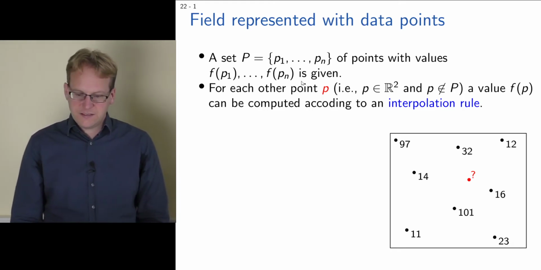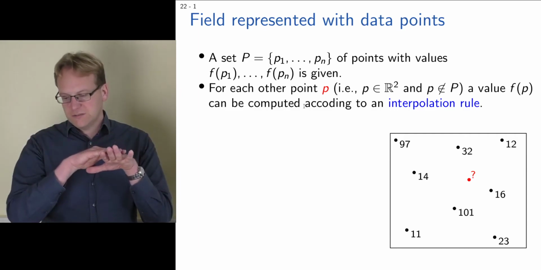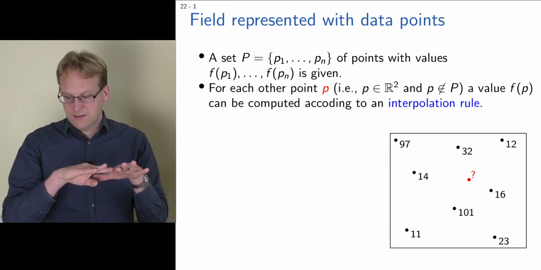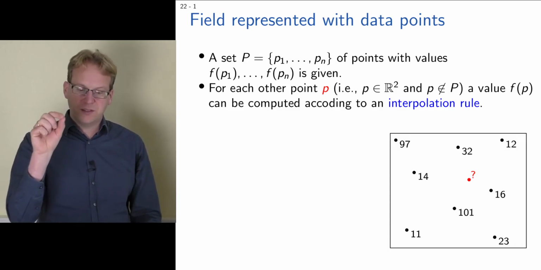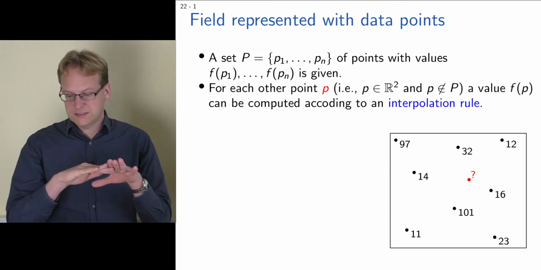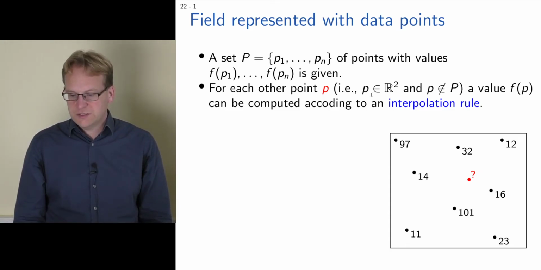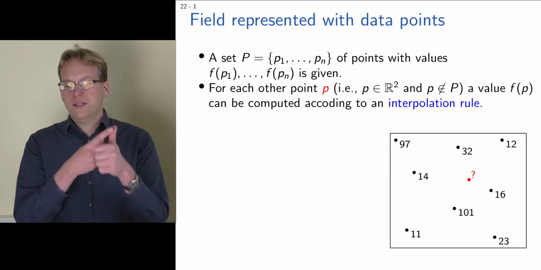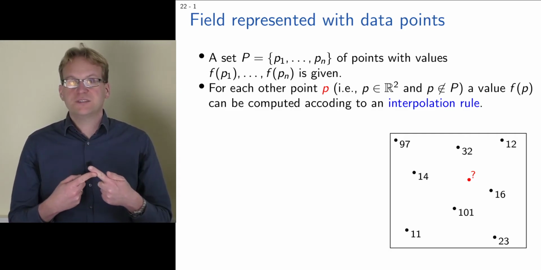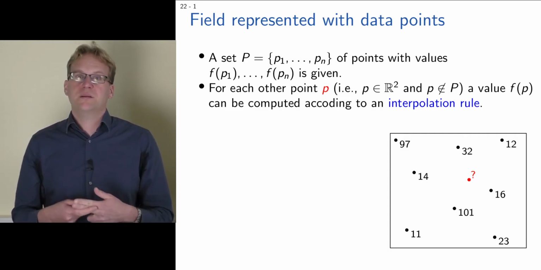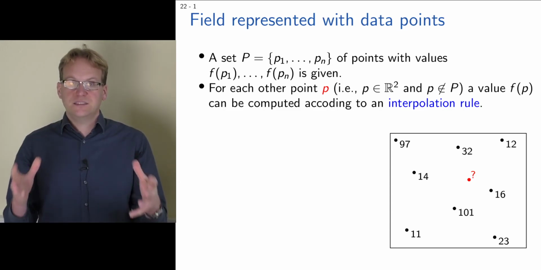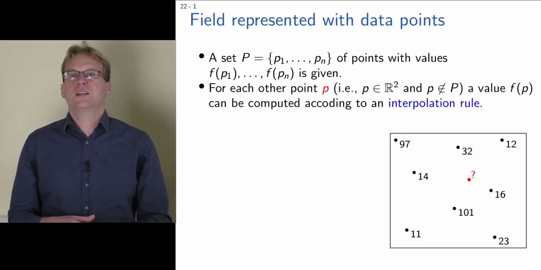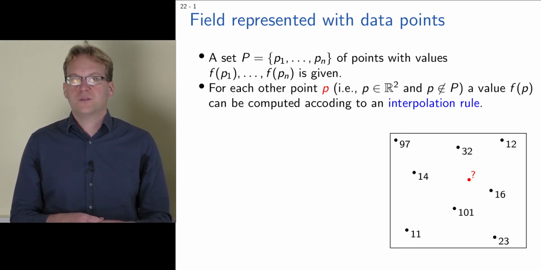Then, to define the whole function for our complete space, the whole plane, not only these n points, but all points of the plane, we introduce an interpolation rule. Together, this point set, the function values at those points, and the interpolation rule define this surface. And that is, of course, a good representation for fields.